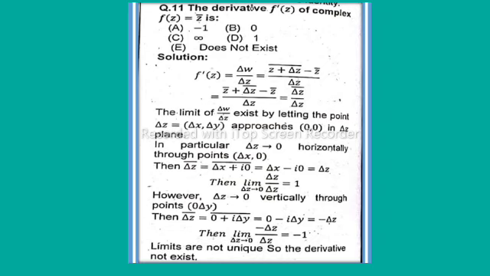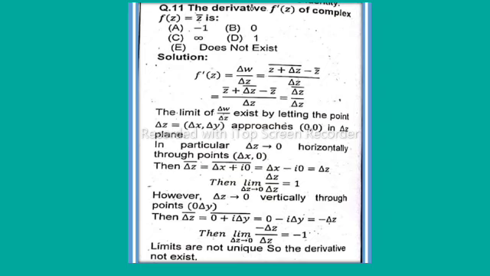In this lecture, I will solve an NTS past paper question. The derivative f prime of z of the complex function f of z equal to conjugate of z is the solution. That is, f prime of z is equal to delta w divided by delta z, which is equal to conjugate of z plus delta z minus conjugate z, divided by delta z.